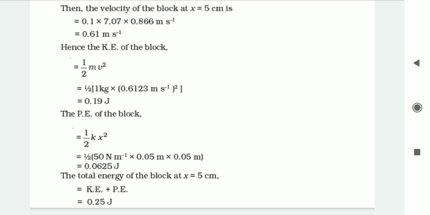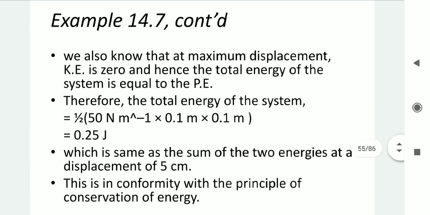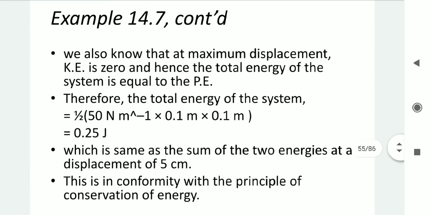By substituting those values, the total energy 1/2 k x squared is 0.25 joule. Again we get the same value of total energy, which shows that the total energy remains constant and follows the law of conservation of energy.